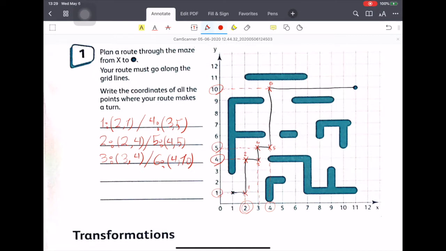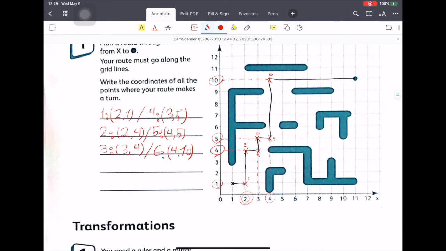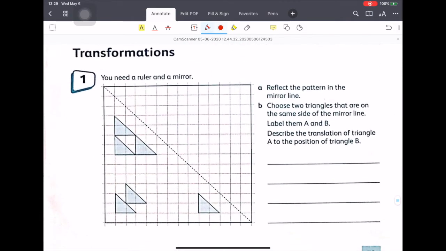Let's go to the other question. Transformation. You need a ruler and a mirror. Actually, we will not need a mirror. Let's start with A. Reflect the pattern in the mirror line.